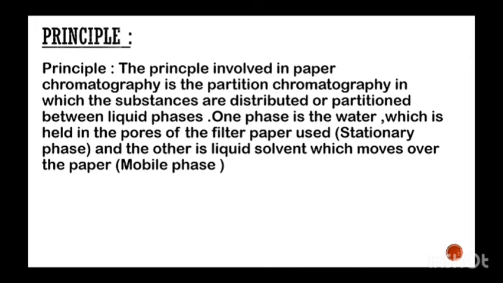One phase is the water, which is held in the pores of the filter paper used. The filter paper used here is Whatman filter paper or cellulose filter paper, and it has water retention capacity. Hence, every mesh of the filter paper will act as a water holding cell. And the other is a liquid solvent which moves over the paper. Because of this liquid solvent, the molecules in the sample get separated on the paper.